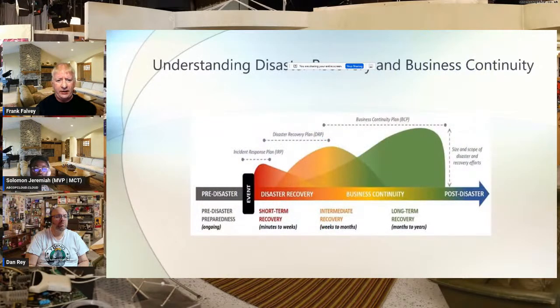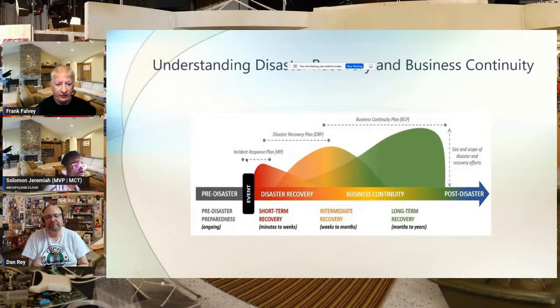So, understanding disaster recovery and getting your business back up. You can see at the start on the left-hand side, pre-disaster, that's when everything was working okay. Then the event happens, this black line. Something could happen like a power outage, earthquake, or flood. Then you go into the phase of disaster recovery.